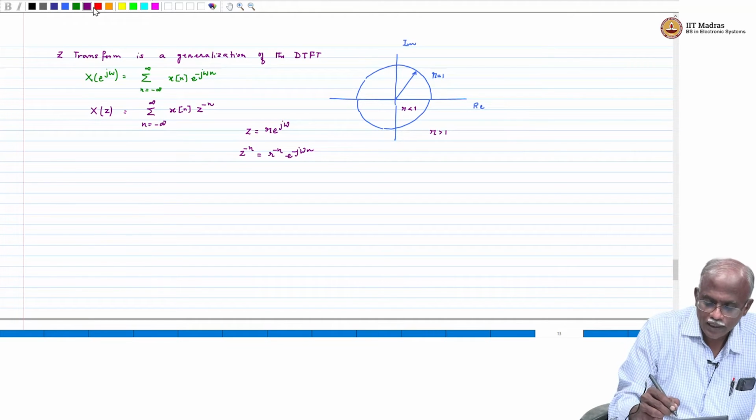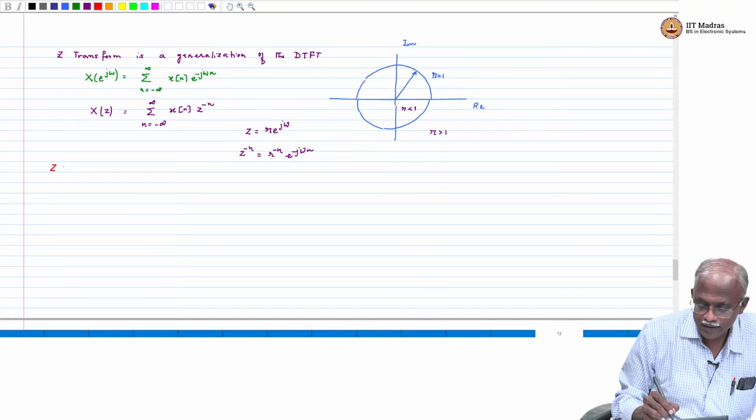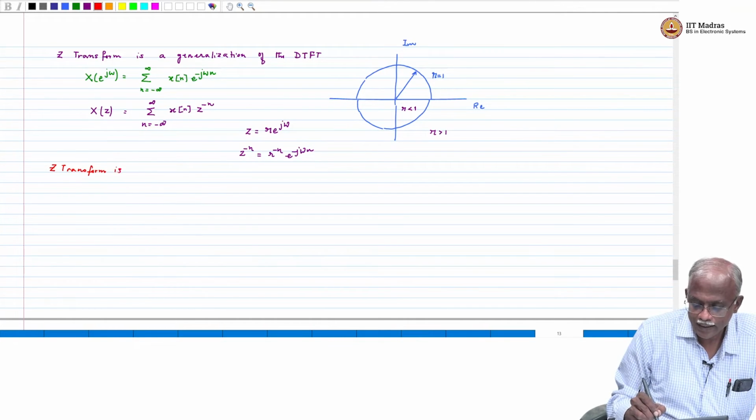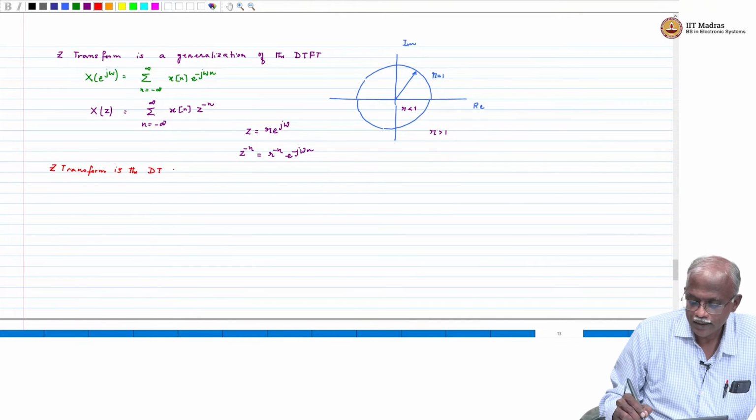In other words, we can make the following statement: the Z transform is the discrete time counterpart of the Laplace transform.